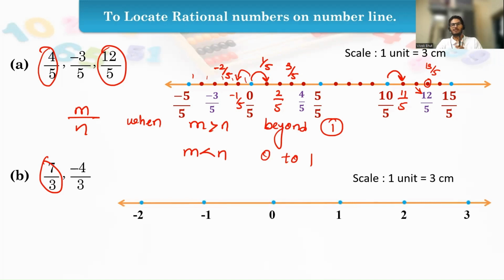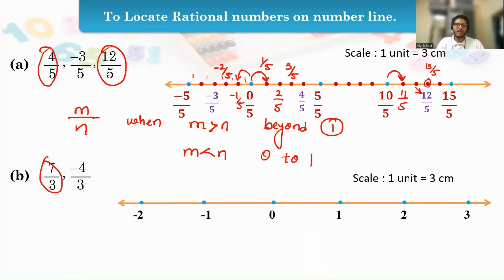So बीच में middle 0, left में negative, right में positive. अच्छा, now 7 by 3 is the first number that is obviously beyond 1, and -4 by 3 is also greater than -1, so that will be also beyond -1. अच्छा, beyond -1 मतलब वो left में खिसकेगा, left में और जाएगा, ठीक है, और 7 by 3 right में जाएगा, वो 1 से बड़ा या 2 से भी बड़ा है वो नहीं पता.